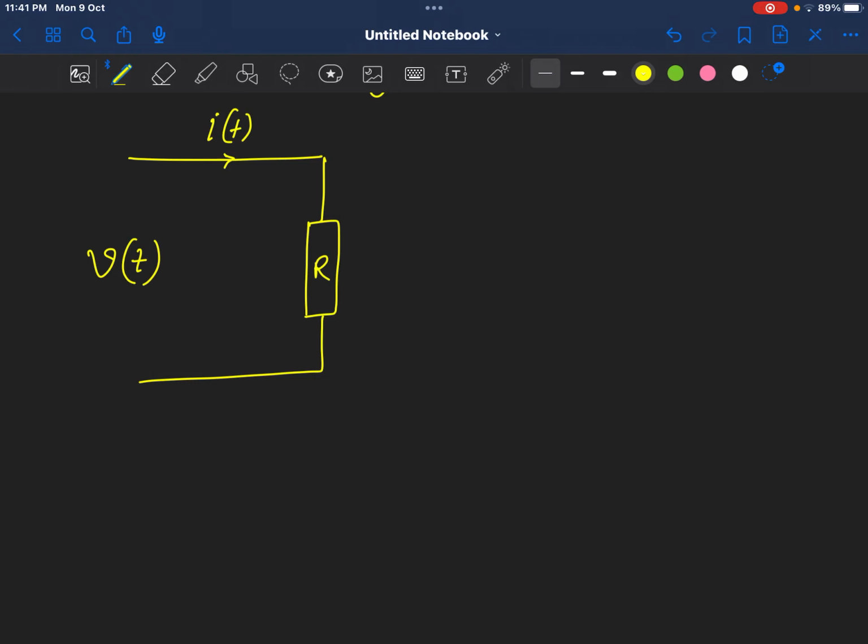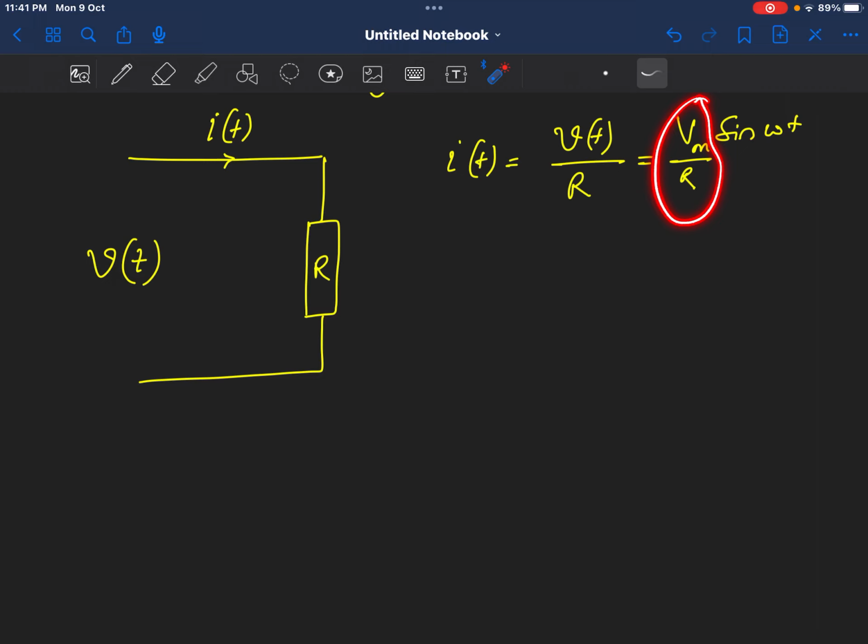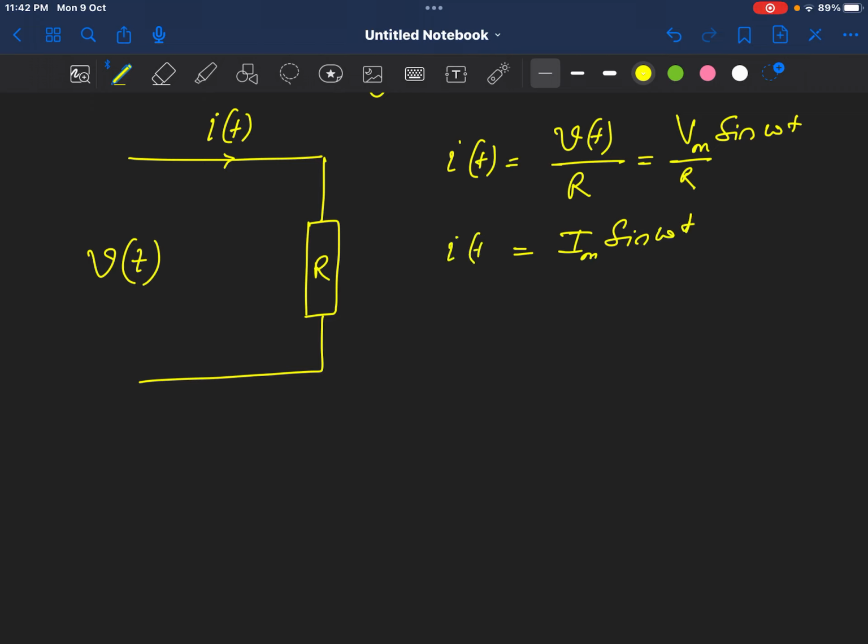Now the current i of t is obviously v of t divided by R, and that is nothing but Vm sine omega t by R. The term Vm by R is a constant which can be written as Im. So Im sine of omega t, we get the expression of current.